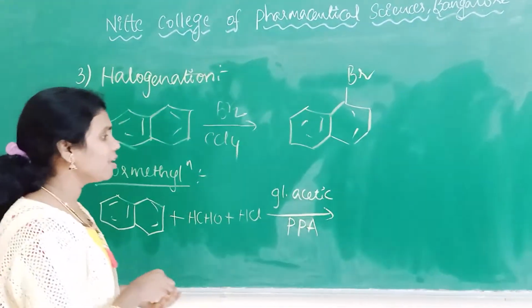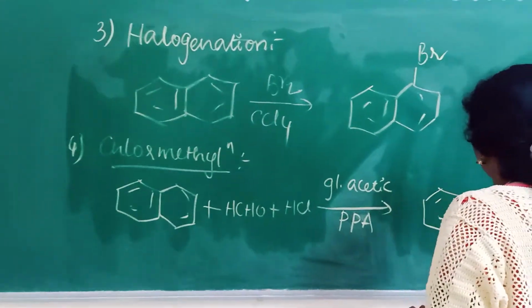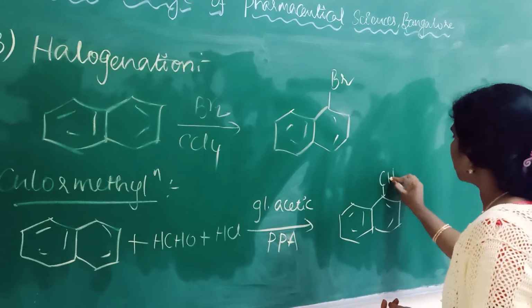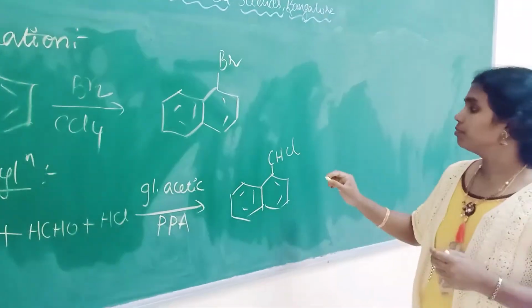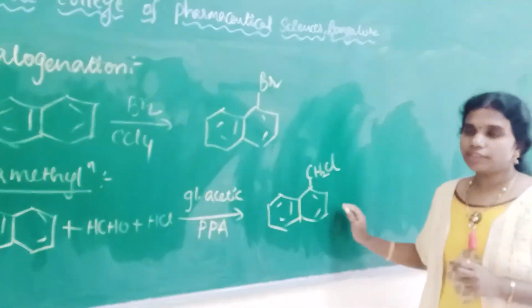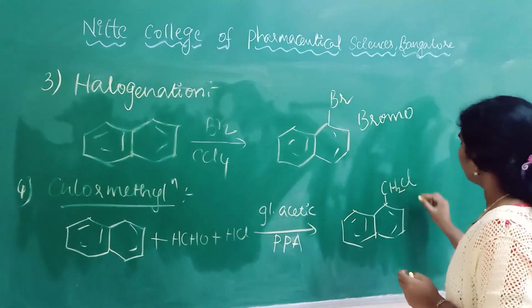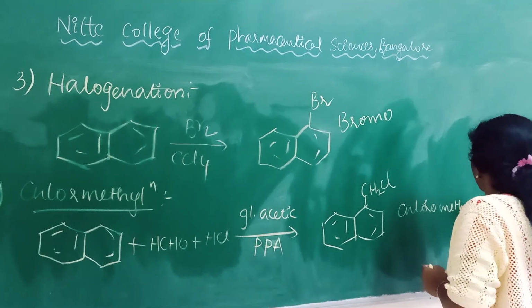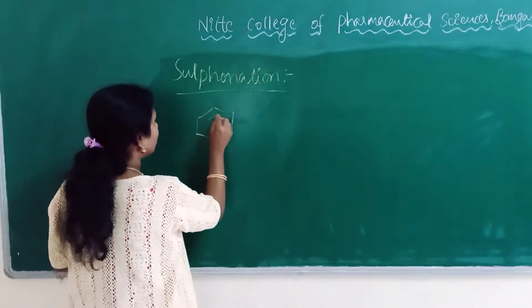It produces chloromethylnaphthalene. So this is the bromonaphthalene, and this is chloromethylnaphthalene. The next reaction is the sulfonation reaction.